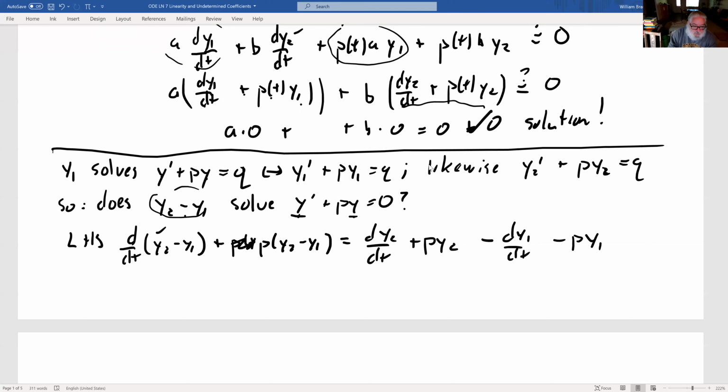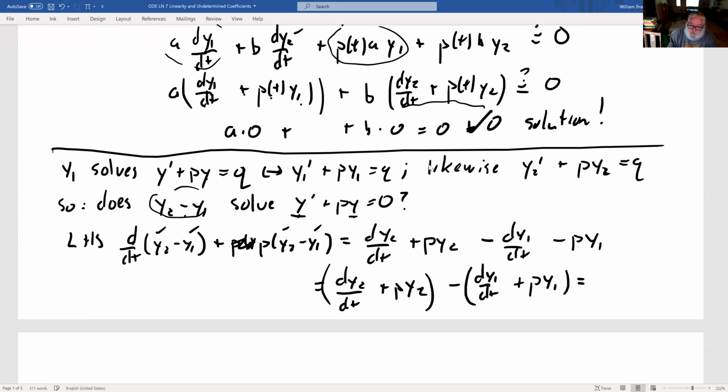Right, so that's this term and this term, my two y2 terms, this term and this term, my two y1 terms. What does this equal? Well, it's (dy2/dt plus py2) minus the quantity (dy1/dt plus py1), because I'm factoring out that minus sign.